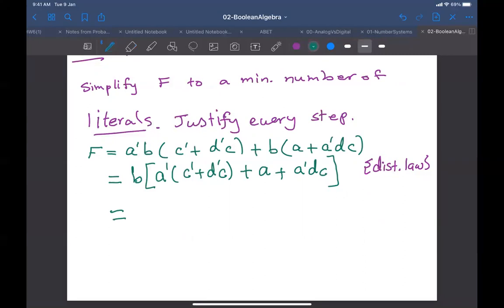Now this expression has how many literals? 1, 2, 3, 4, 5, 6, 7, 8, 9. So we have one less literal than the original expression. Now I want to use the Boolean algebra tricks to further simplify my expression. Who can suggest a way to do that?